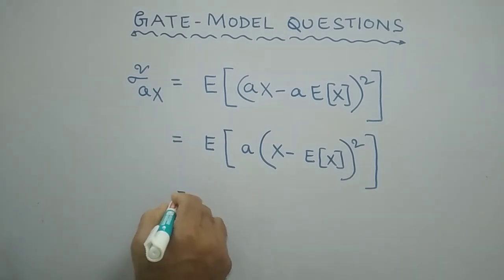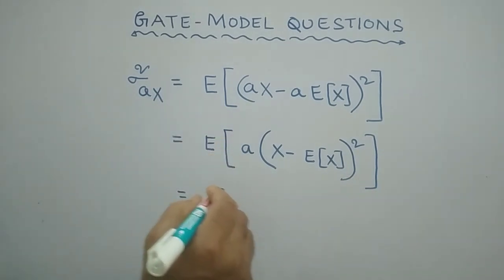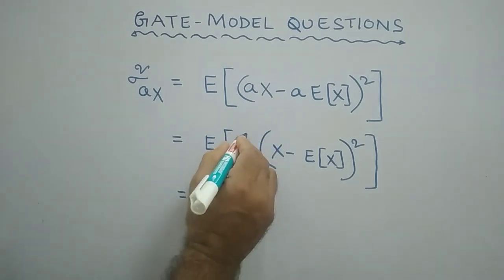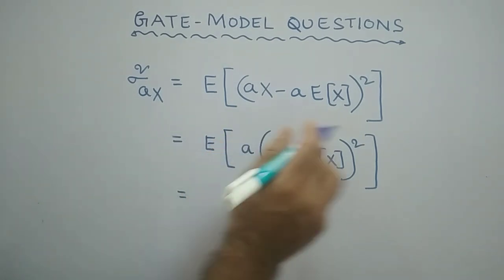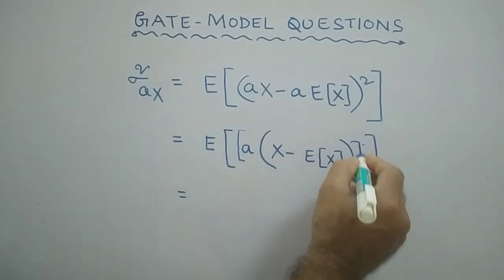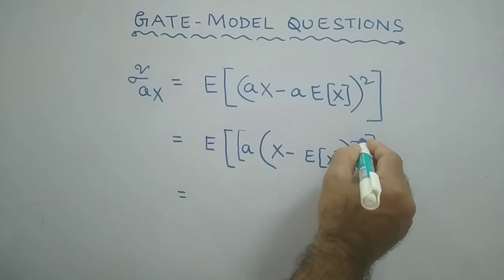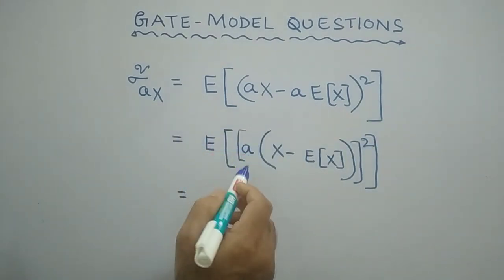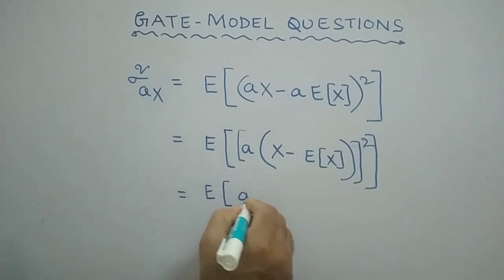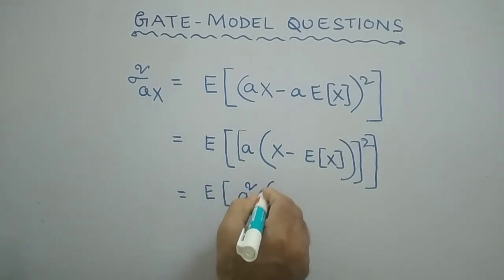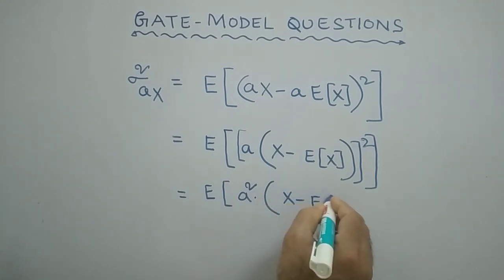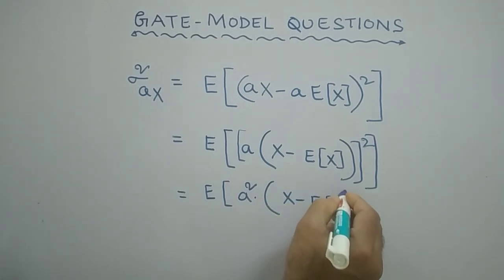Actually, the square is there for the entire term, not only for part of it. Therefore, it is nothing but the expected value of a square into x minus e of x whole square.